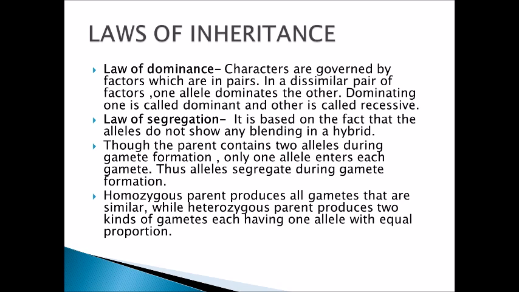A homozygous parent produces all gametes that are similar because it has both alleles of the same type. For example, a homozygous tall plant will have both capital T, so all the gametes will have the capital T allele in them. While a heterozygous parent produces two kinds of gametes, each having one allele, in equal proportion.